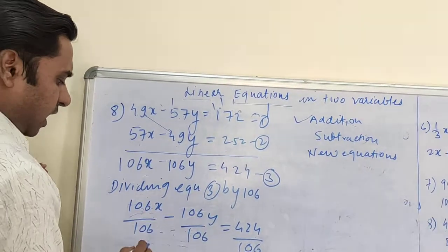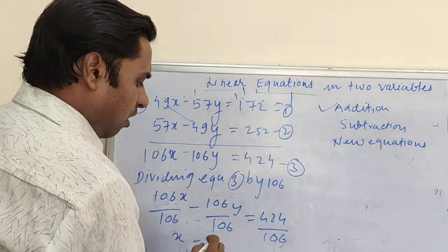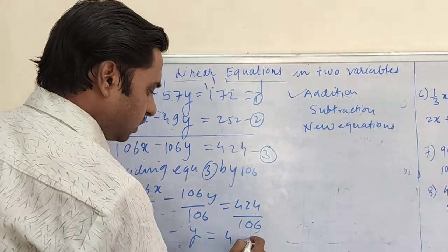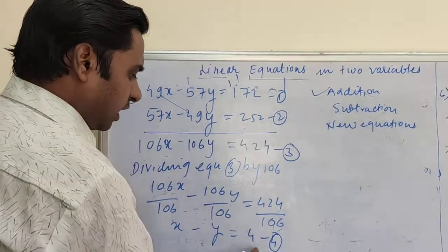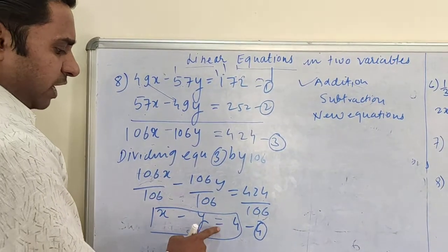So the 1s are, then 1s are, and 4s are. This is equation number 4. x minus y is equals to 4.